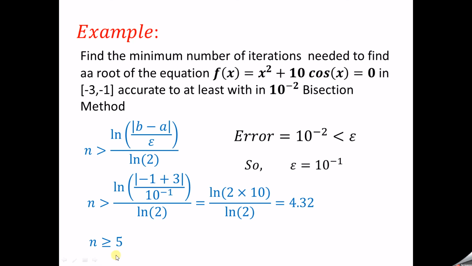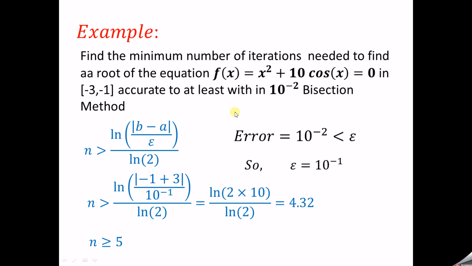So the minimum number of iterations required to get an accuracy at least within 10 power minus 2 in the bisection method to find a root of this equation is 5 or more. At least 5 iterations you have to do in the bisection method.